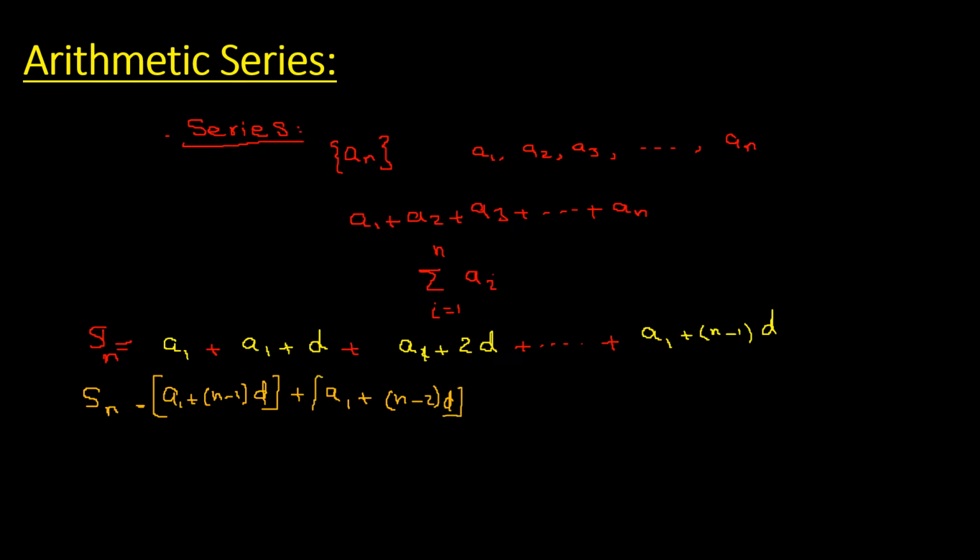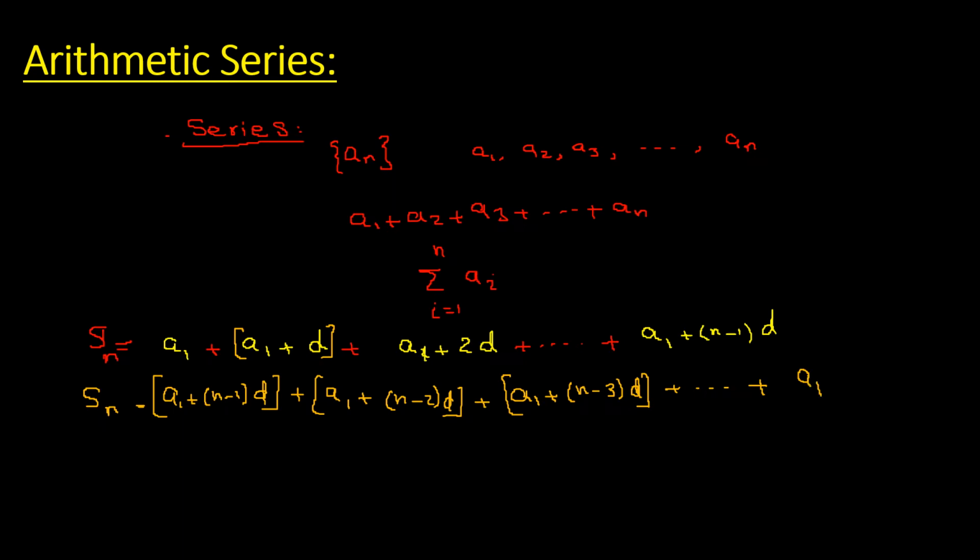The term that was the second term, a1 plus d, now written in the opposite way becomes a1 plus n minus 2 into d, and similarly the next becomes a1 plus n minus 3 into d, and so on. In the end we get a1.